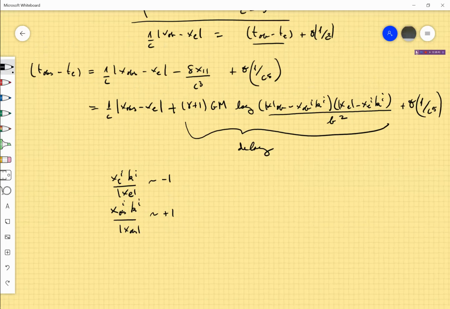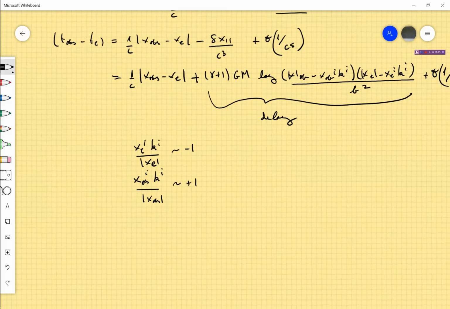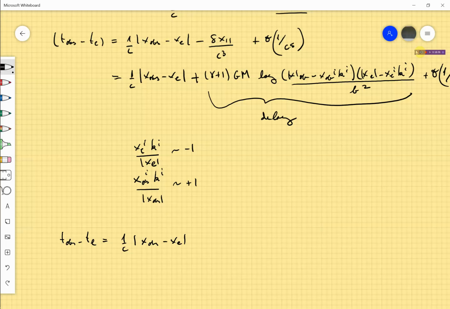Okay, you take these scalar products and you find that t_obs minus t_e is 1 over c times the distance between the points of emission and observation, plus (gamma plus 1) GM over c cubed.